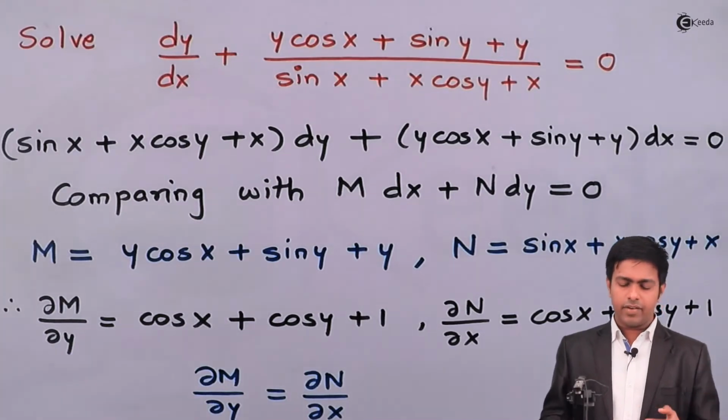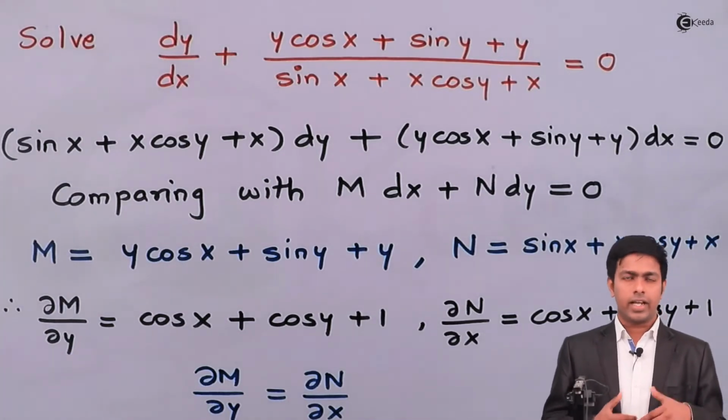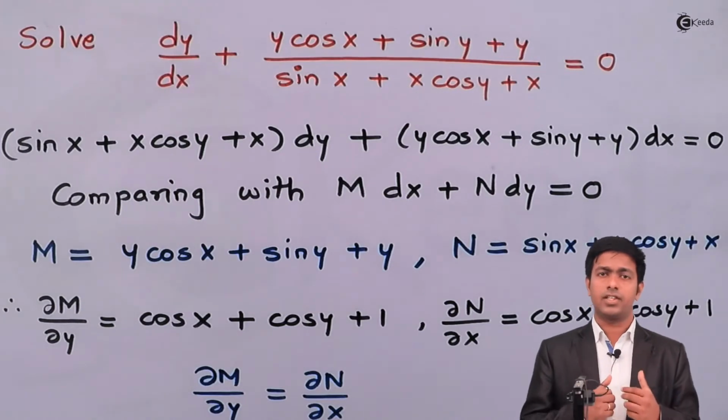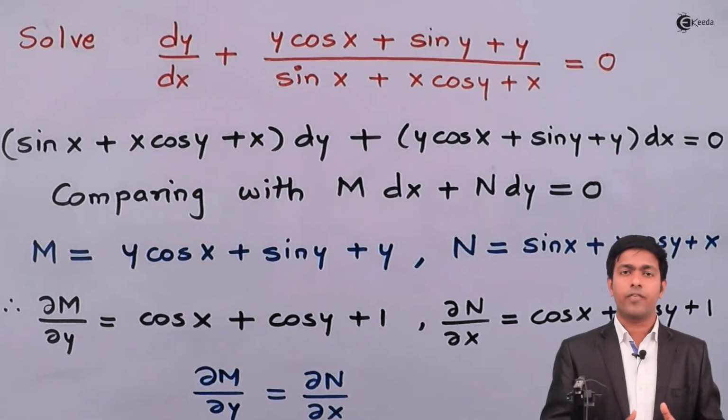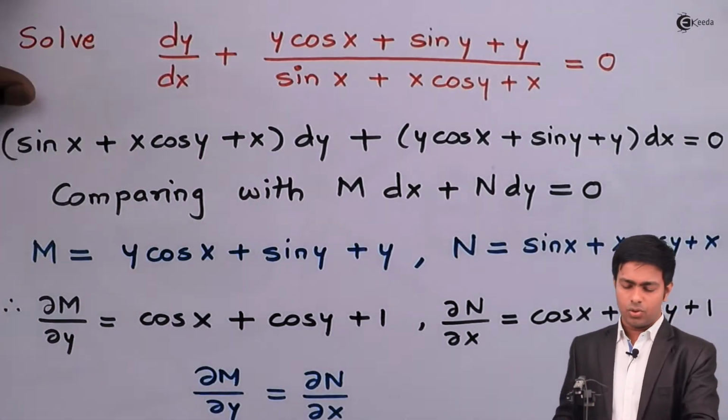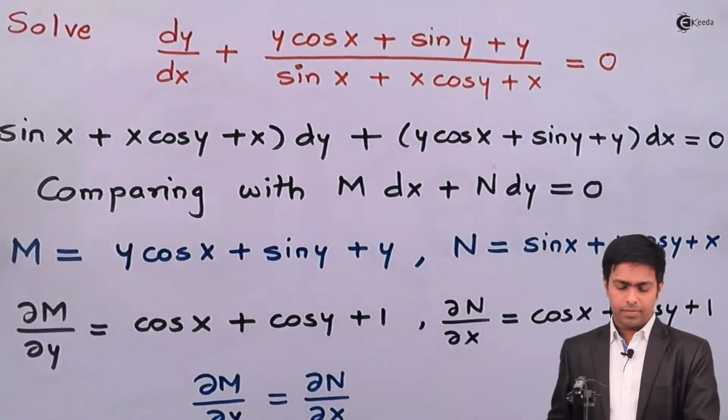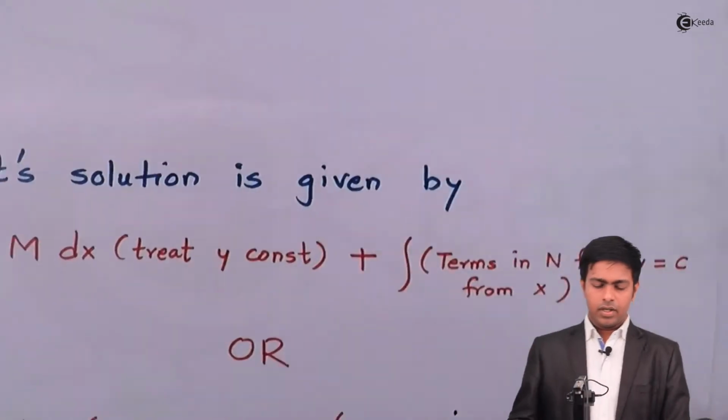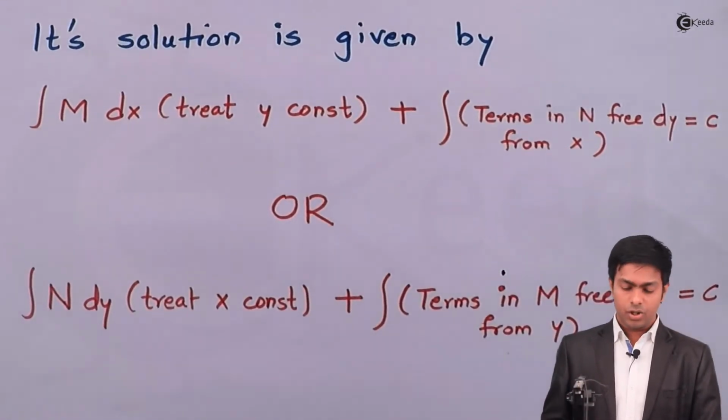Since the given equation is exact, we can get the solution of this differential equation by the method of exact differential equation. So what is the formula? The solution of such an exact differential equation is given by any one of these two formulae.